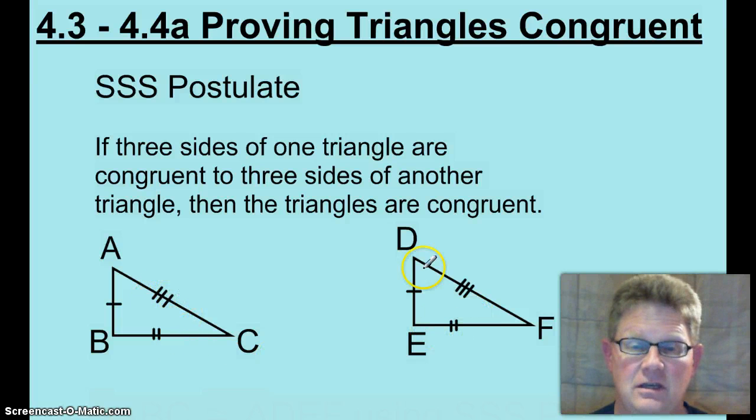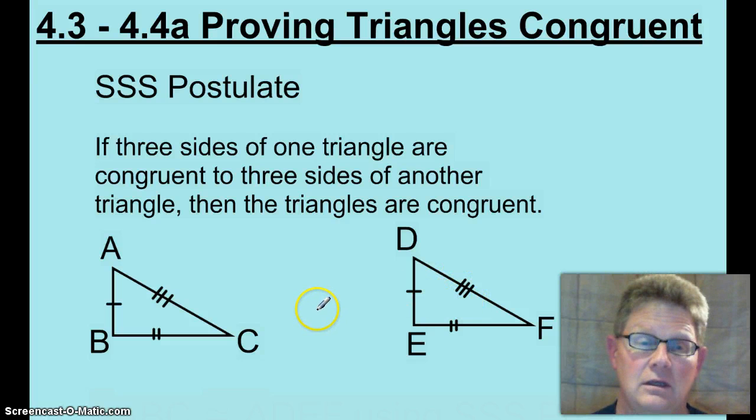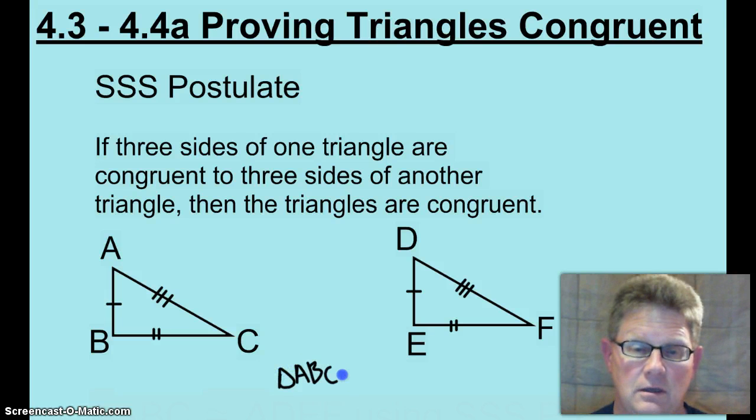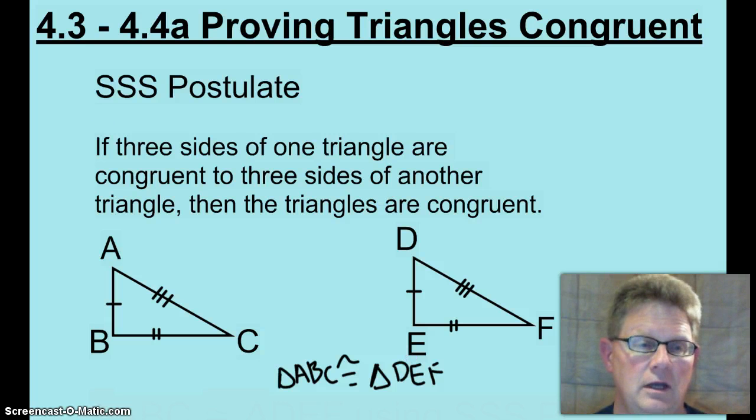And AC is congruent to DF because they have three tick marks. So that means the three sides of one are congruent to three sides of another. Then you can say that triangle ABC is congruent to triangle DEF.